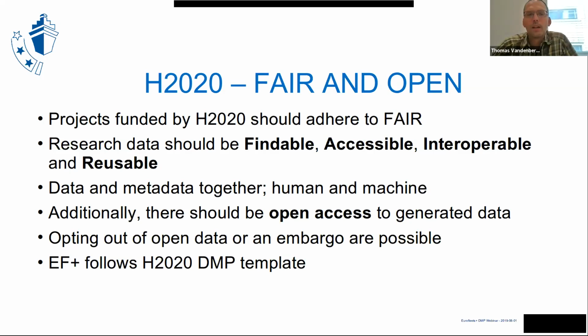All of those, so the general project and the funded cruises, should adhere to the FAIR principles. FAIR is an acronym, which stands for Findable, Accessible, Interoperable, and Reusable. You probably have heard this a lot lately. In the next slide, I'll explain this briefly, what it exactly means for you.